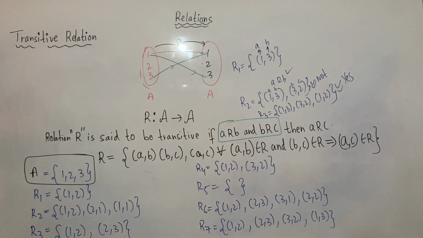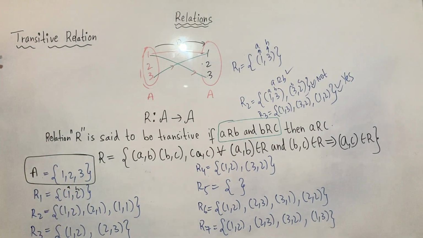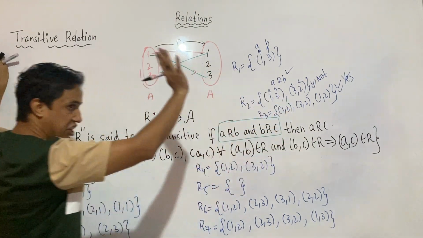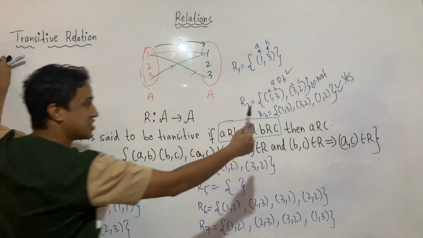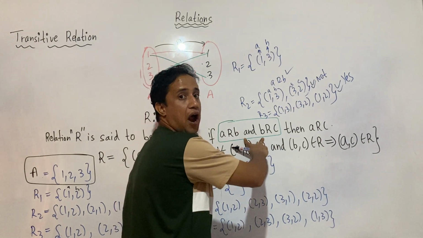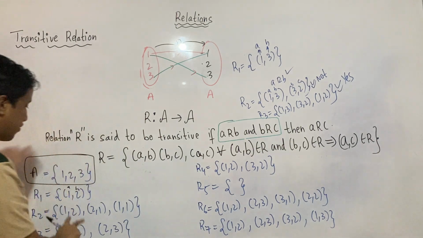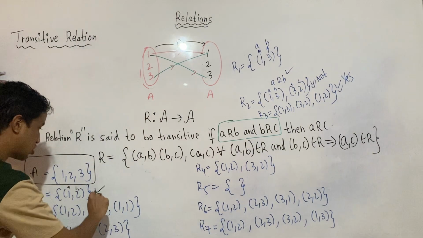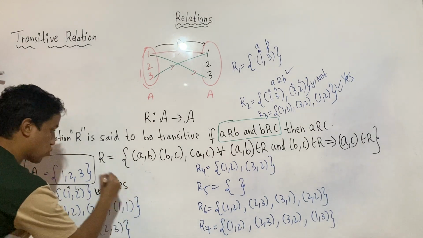Now here, (1, 2) means this is A, this is B. A is related to B, but you are not given B relation C and A relation C. So it's fine. There is no problem with it, because this thing is only possible when these two things are already given to you. But only one thing is given to you, which is (1, 2). So this is going to be transitive. It won't affect the nature.